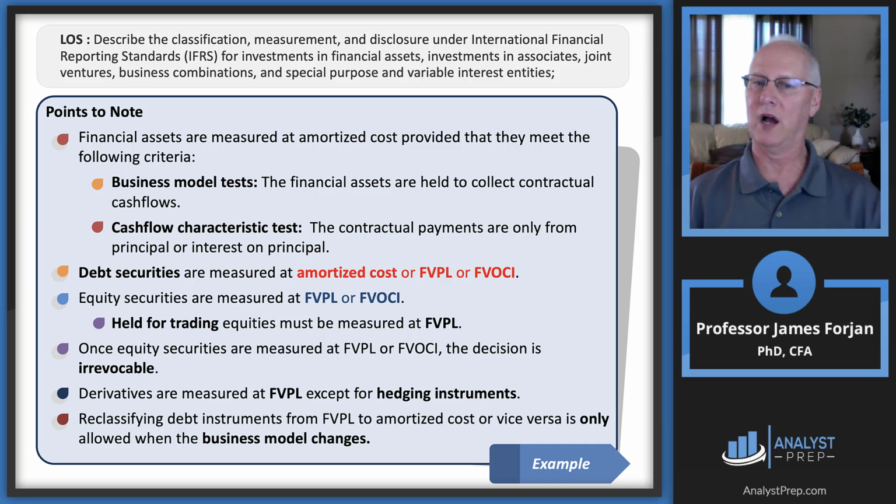And there's no contract saying that the executives or the board of directors has to pay a dividend to its shareholders. So notice that purple teardrop point: held for trading equities must be measured under the fair value through profit and loss. So that's a super important one there.